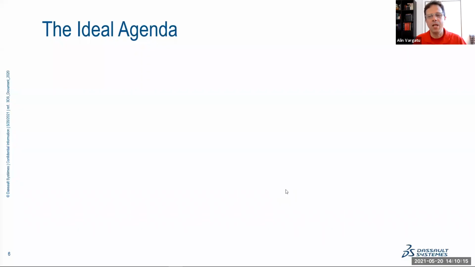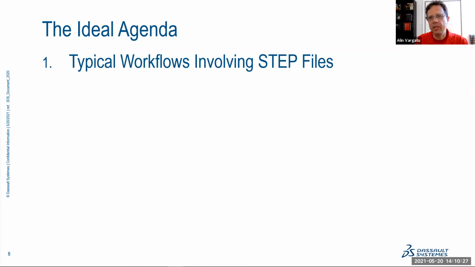So cool. Now, in our actual training course, so when you join, let's say, the large assembly course or especially the new course that I'm going to make about imported geometry, an ideal agenda would have to be very thorough. So first of all, we would analyze how you would use STEP files, IGES files, Parasolid files. What type of files are you getting from your suppliers or from your customers?